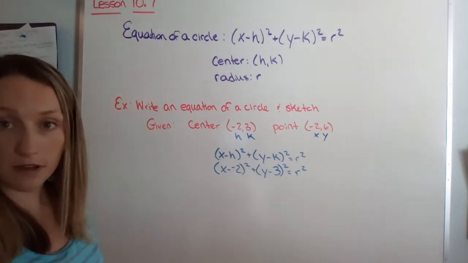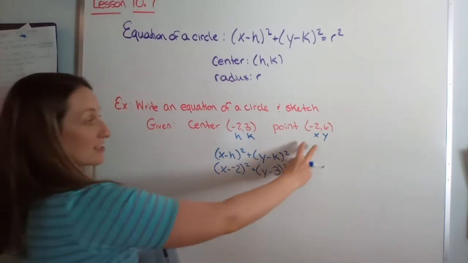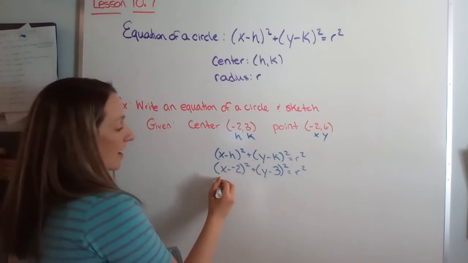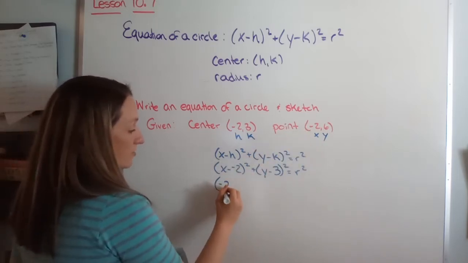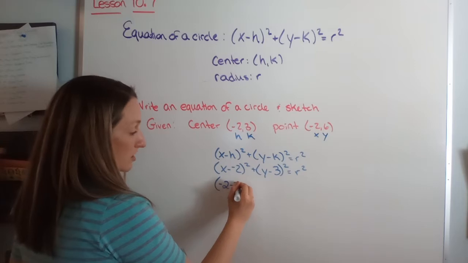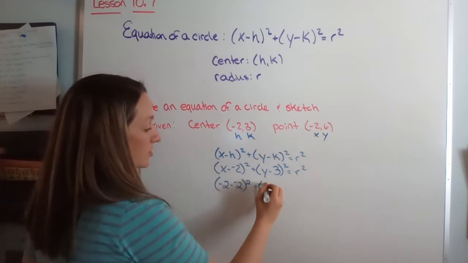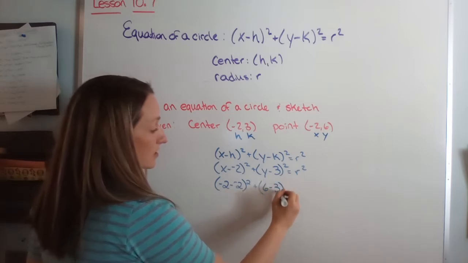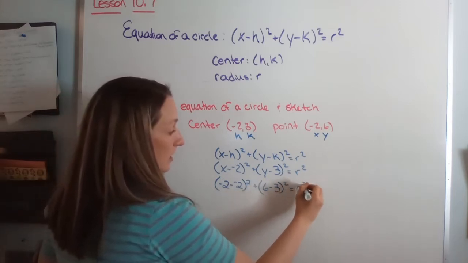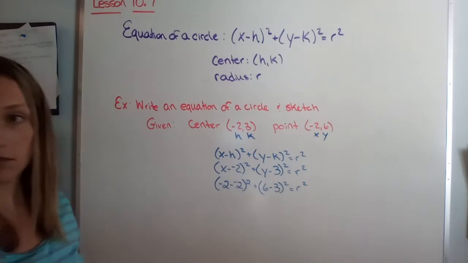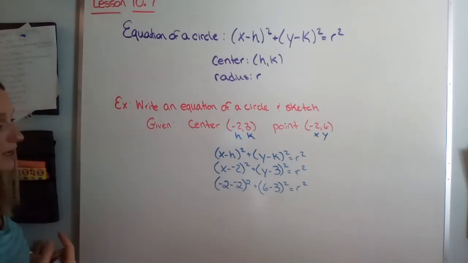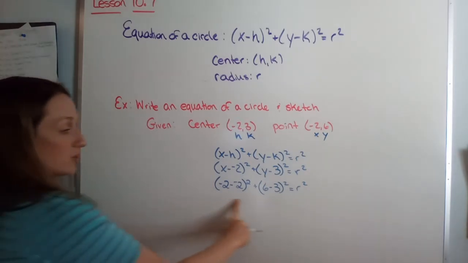I don't know why I didn't plug in x and y at the same time. I should have. Let's go ahead and do that. So I have the x value, which is -2. I still have (minus -2) squared, plus the y value, which is (6 minus 3) squared equals r squared. I should have done both substitutions at the same time. I just didn't.